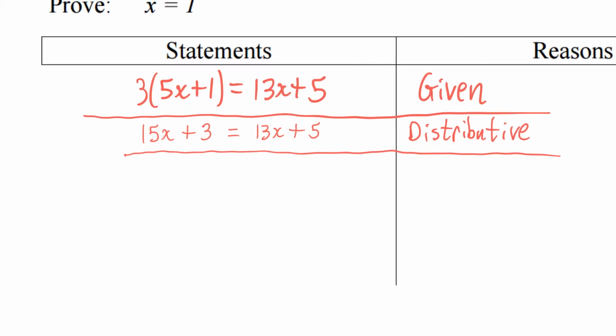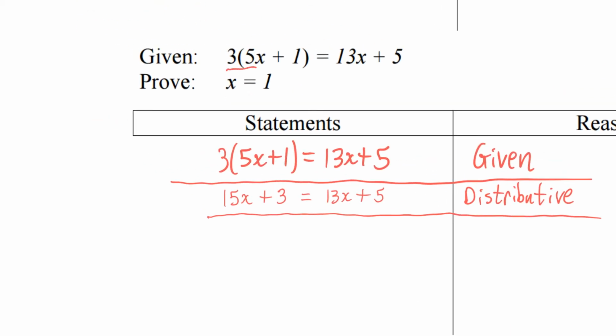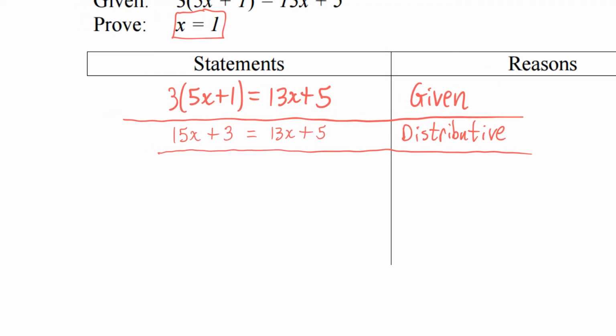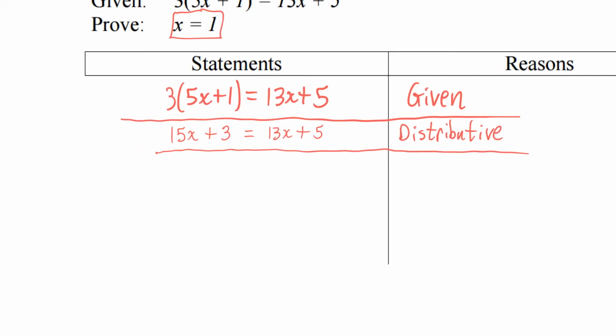Okay, good. Now, what's going to be my next step here? Okay, and also we're trying to get to x equals 1, so I'm solving for x here. So, good. We're going to get the x's together, so I'm going to subtract 13x from both sides.